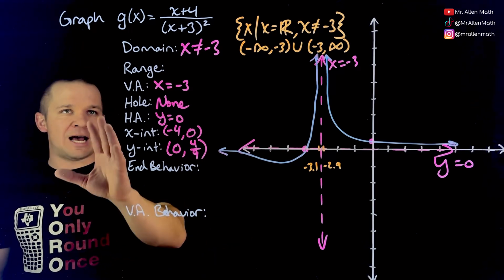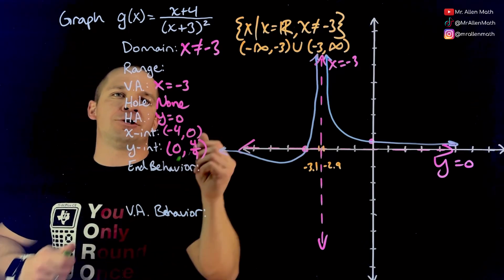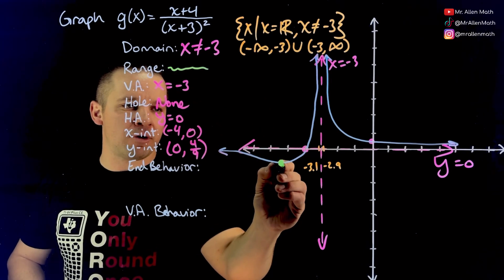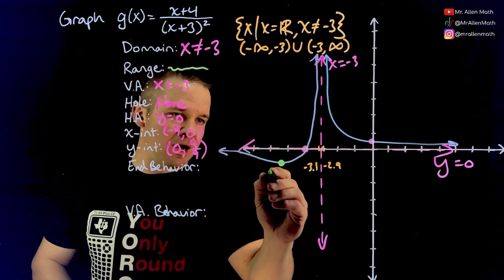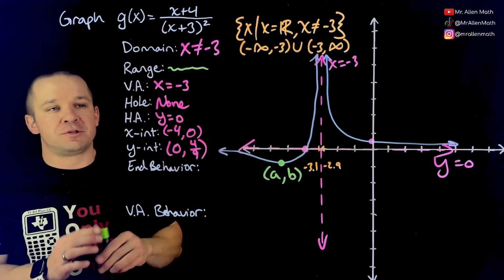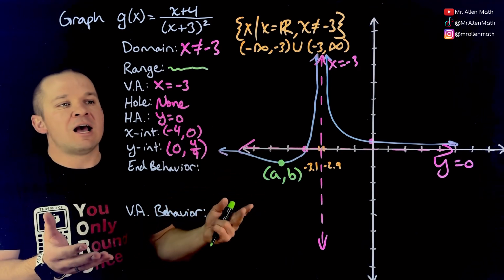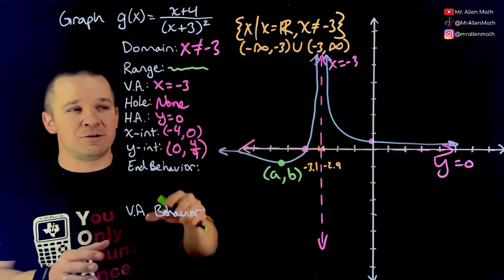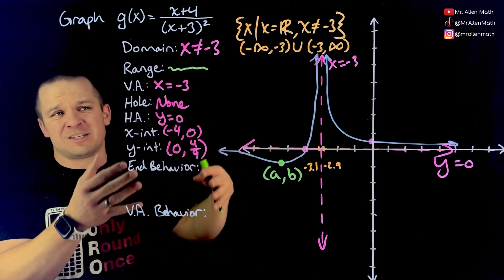All right, so the last things here. I'm actually not going to do range for this one. It has one, but we'd have to find this point right here. Let's just say this is the ordered pair (A, B). There's some number right there. I could use my calculator and find the minimum there. We probably wouldn't ask you to do that, or we'd be doing this as a non-calculator problem.